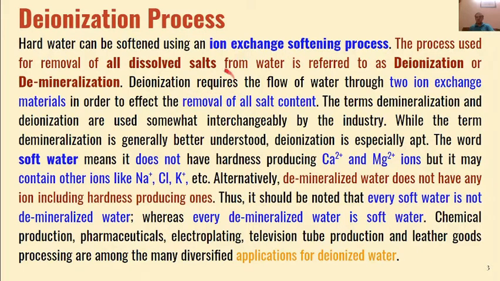The whole process of deionization requires the passing of water through two types of ion exchange materials. One is cationic exchange materials, and the other is anionic exchange materials.